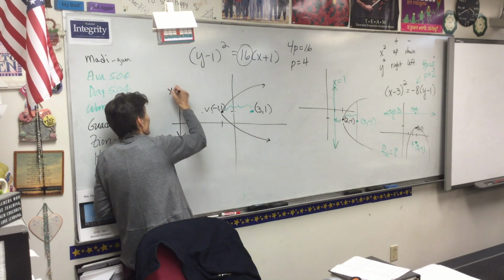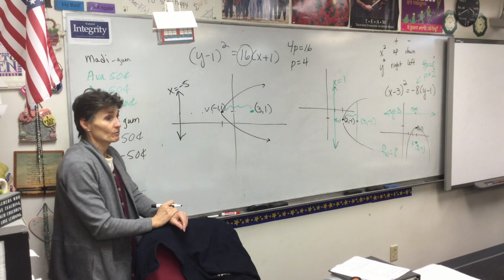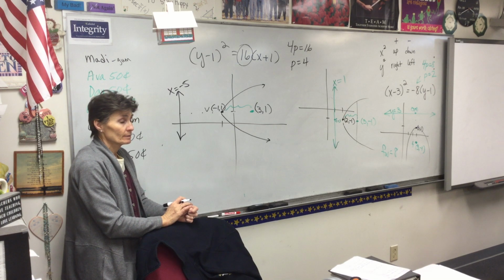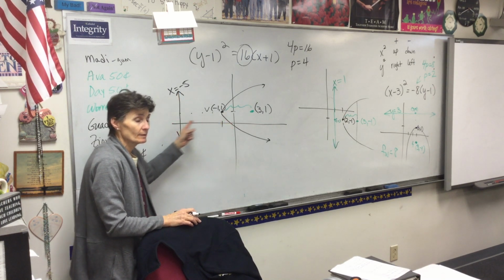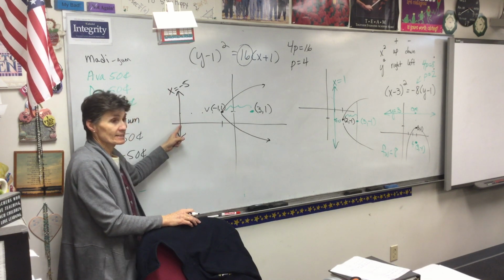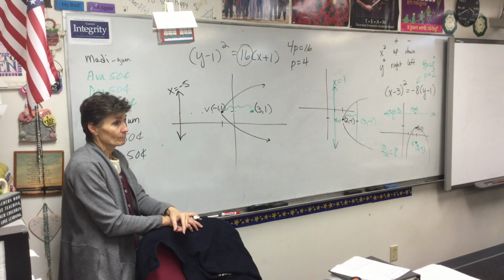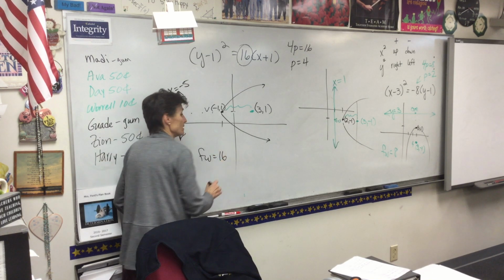So that's going to be x equals -5. That's my directrix. It's x equals, because, well, first of all, I'm counting left and right, but that line intersects the x-axis. So it's an x equals line. What's my focal width? 16.